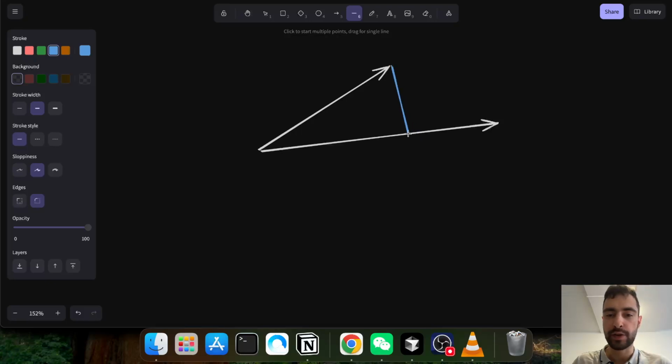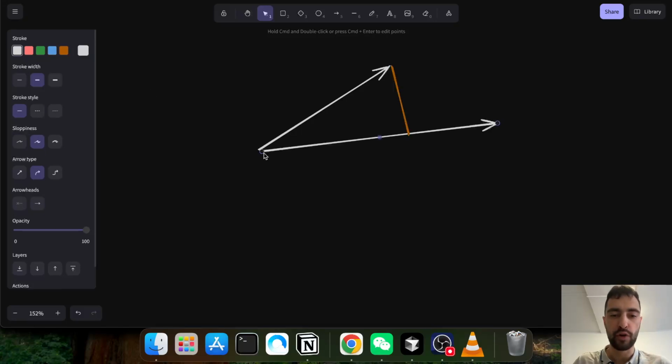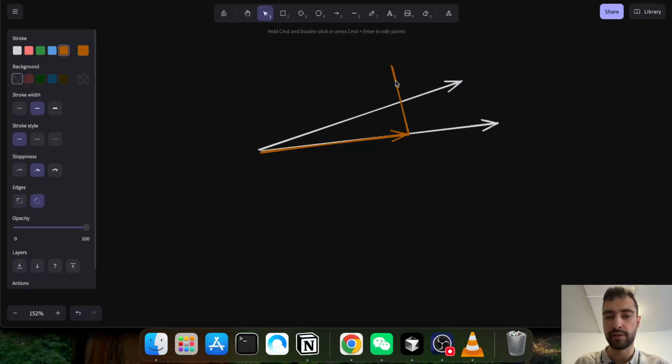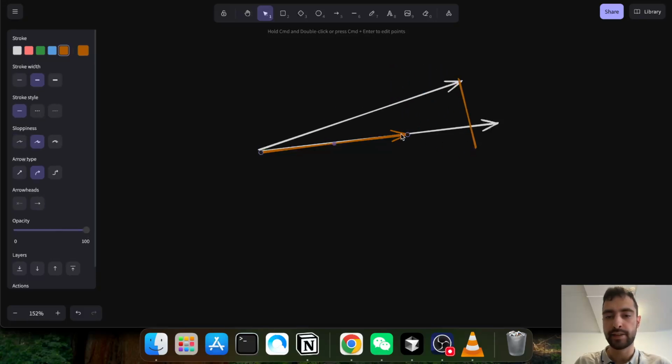We draw a straight line to this vector, and the amount of overlap, this is the dot product. This shows the length of this. So the more similar this vector is to this vector, the higher this length will be. That's how you find similarity by calculating the dot product.